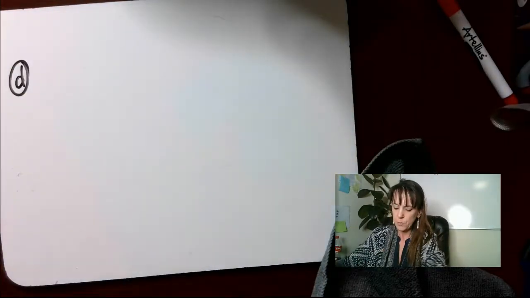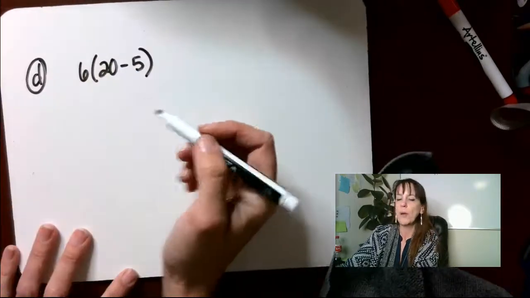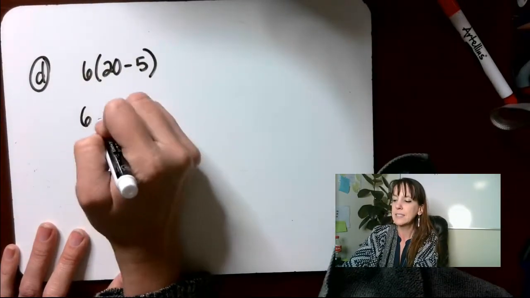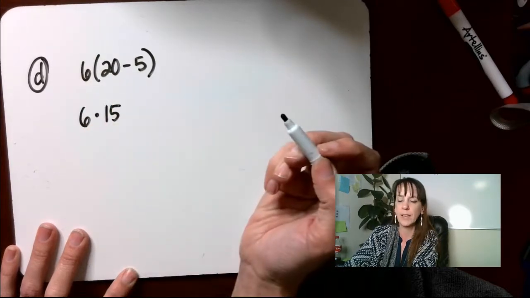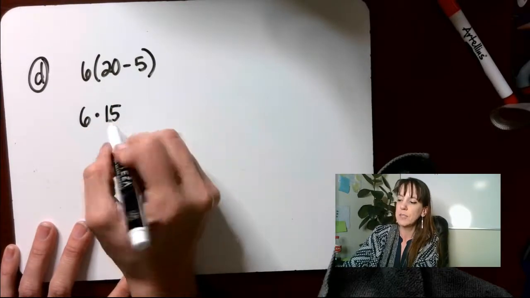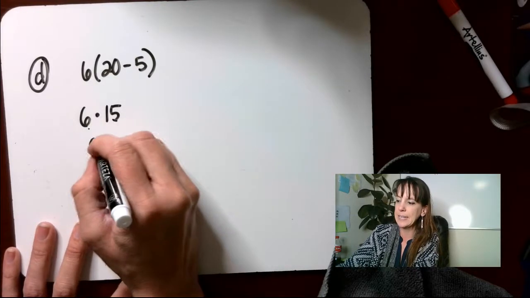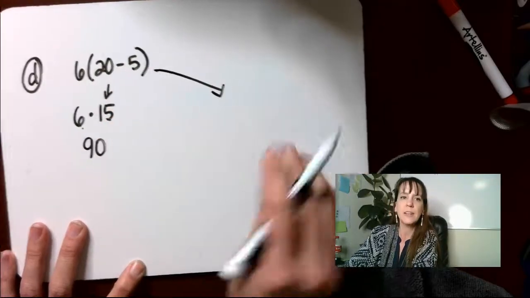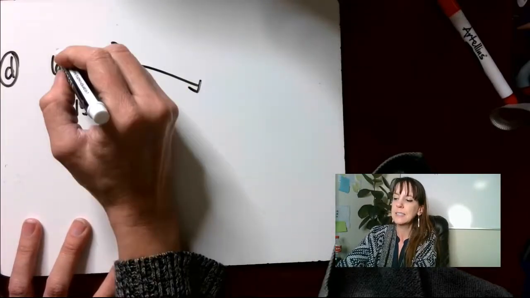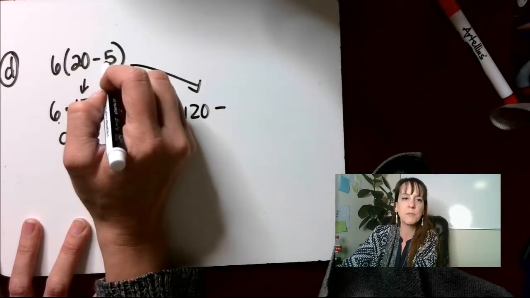For D, show 2 ways to simplify this expression, 6 times (20 minus 5). Way number 1 is 6 times (20 minus 5), which is 15, okay? 6 times 15, double this, 30, cut this in half, you get 3, so 90. The other method is going to be 6 times 20, which gives us 120, minus 6 times 5.